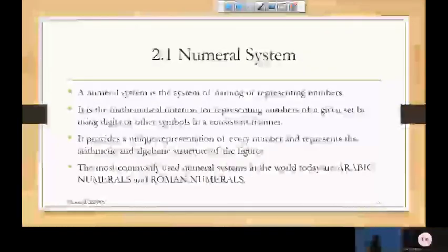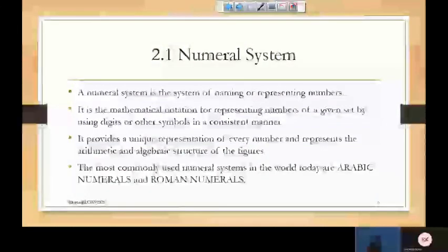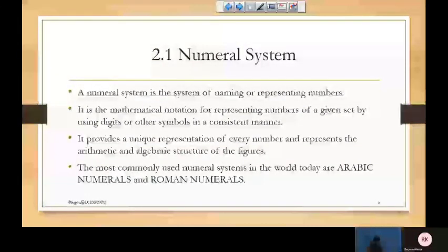Having said that, let's look at our numeral systems, where we're going to say that we've got several numeral systems. A numeral system is just like choosing the alphabet that you're going to be using when you are writing in your orthography. You may be familiar with the fact that we've got Chinese alphabets, we've got the Latin or English alphabet that we're using right now.